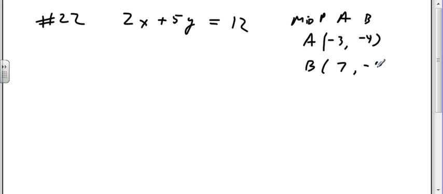All right, so we'll do the midpoint first.